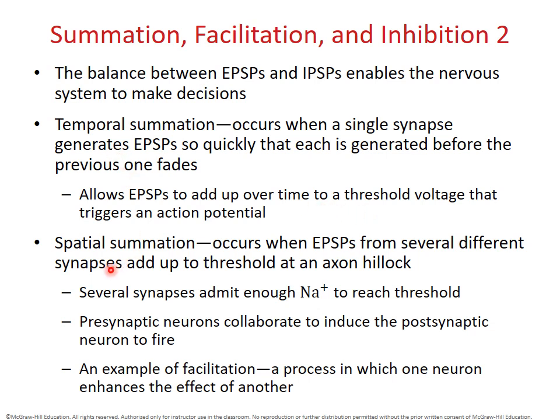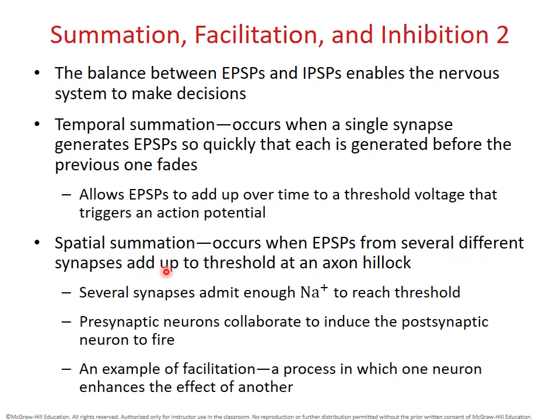All right, spatial summation, of course, involves multiple synapses. So it's not a high frequency of stimulation, it's just a high magnitude of stimulation. And so we're going to get many EPSPs occurring at many different synapses on the postsynaptic cell.